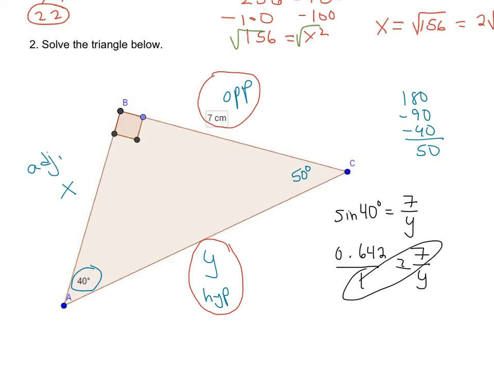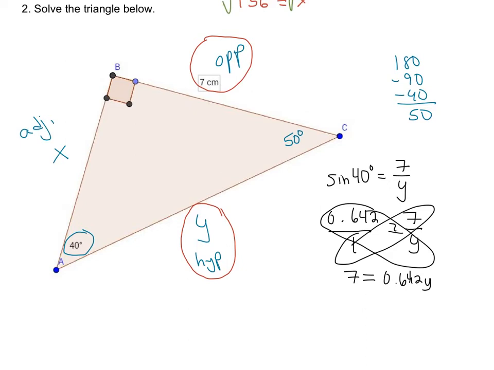And I simply cross multiply. So that would be 7 equals 0.642y. And then I would divide both sides by that decimal. So divide by 0.642 on both sides.